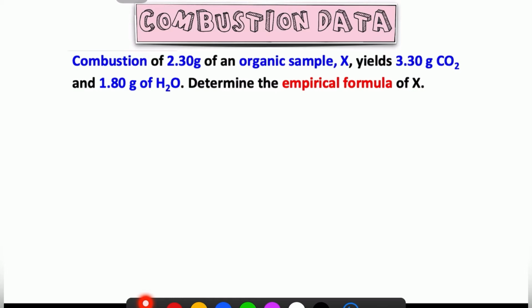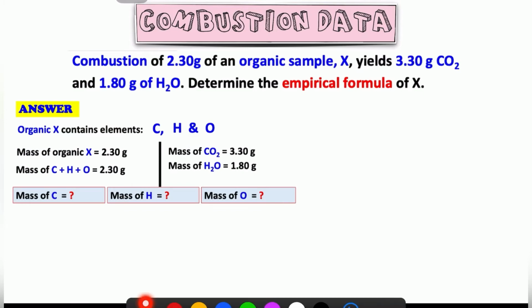We know that combustion of a hydrocarbon will produce carbon dioxide and H2O. So the question needs you to determine the empirical formula. Because it produces carbon dioxide and H2O, it shows that the organic sample contains the elements carbon, hydrogen, and oxygen.